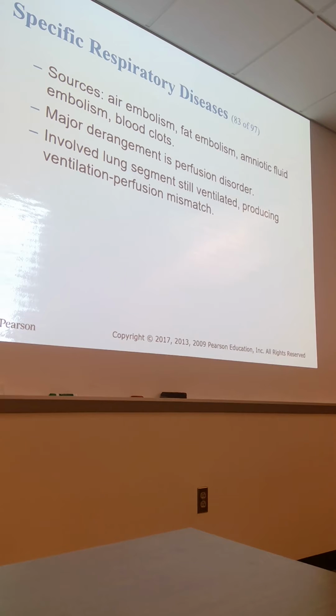One is we do a VQ scan, which is a ventilation perfusion scan, and what they do is they inject a radionuclide into the blood, and they get the patient to inhale a different radionuclide, and then they scan them, and they can see what segments of the lung are ventilated, and they can see what segments of the lung are perfused. And if they find a section that's ventilated, but it's not perfused, it's a blood clot, okay?